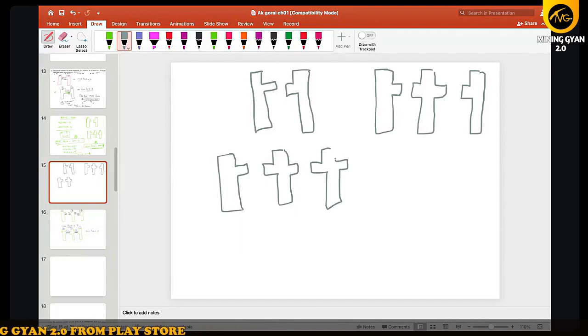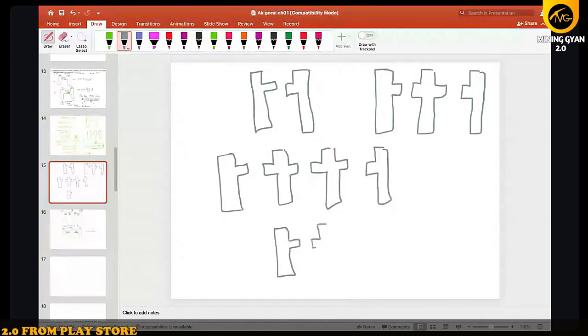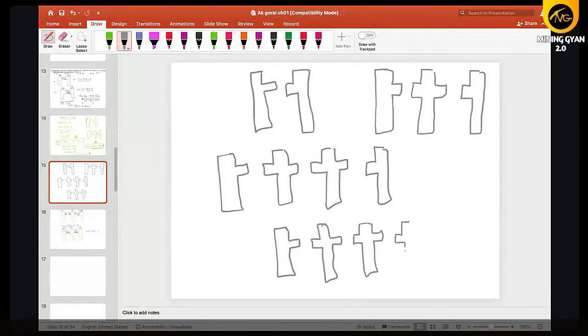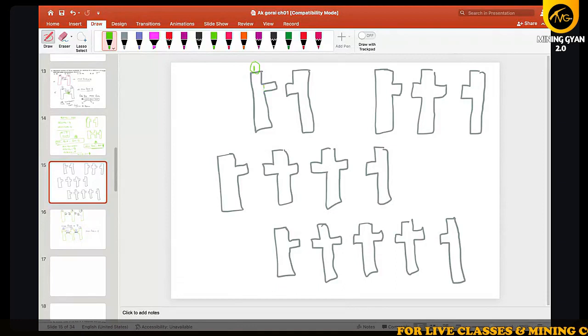If they ask us for 5 headings, okay, so if the maximum phases are asked, then count 1, 2, 3 and 4. 1, 2, 3, 4, 5, 6 and 7.